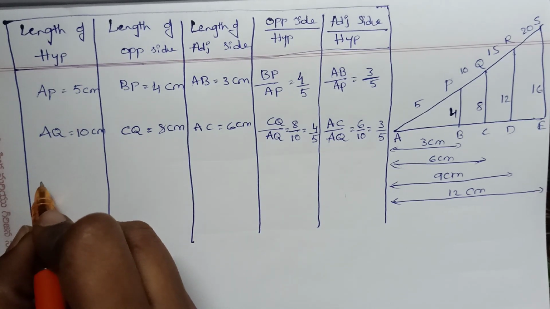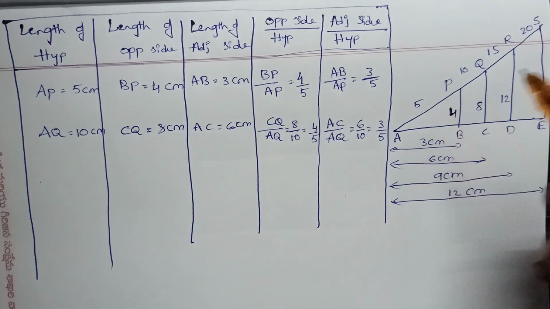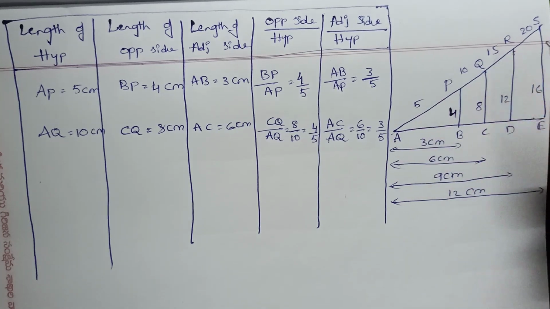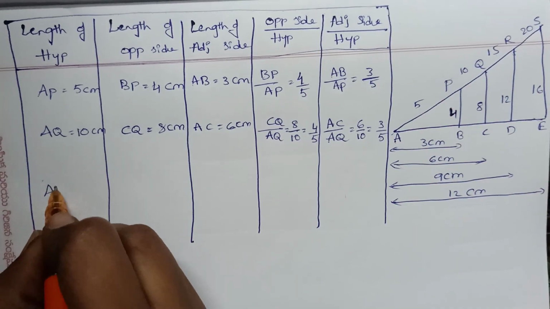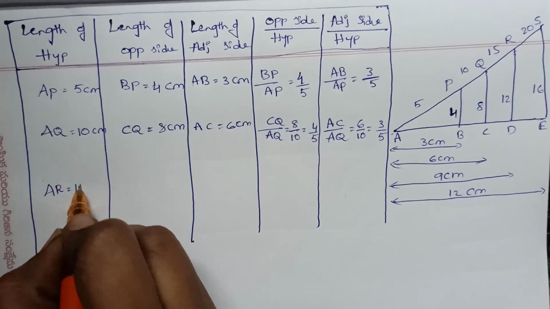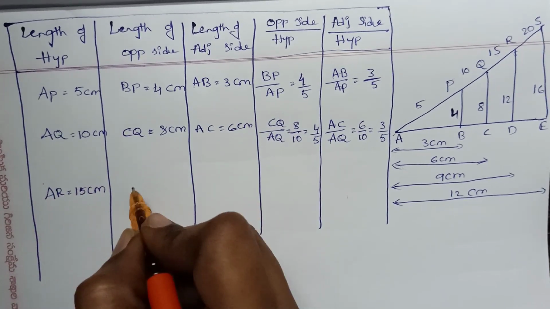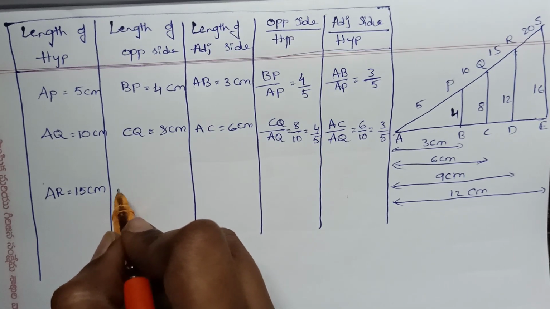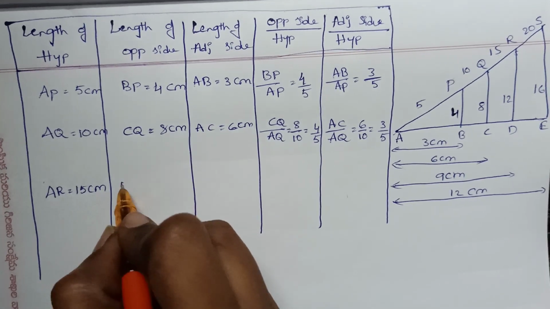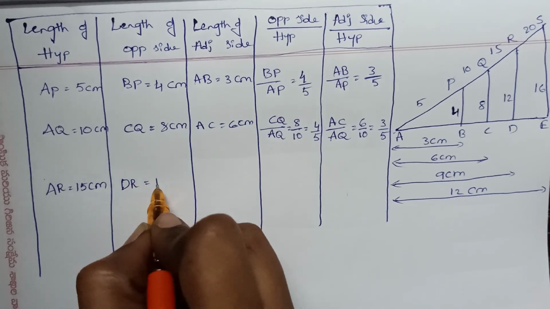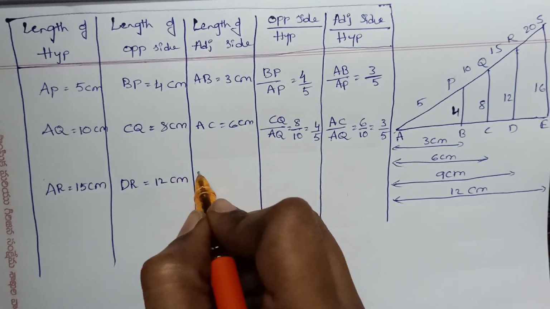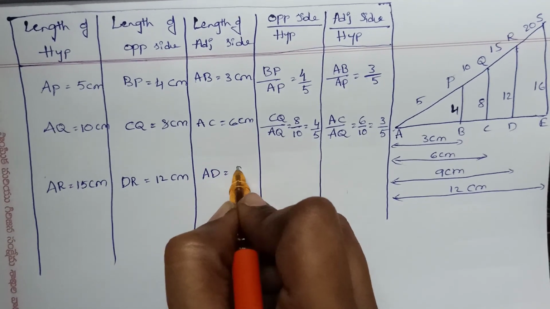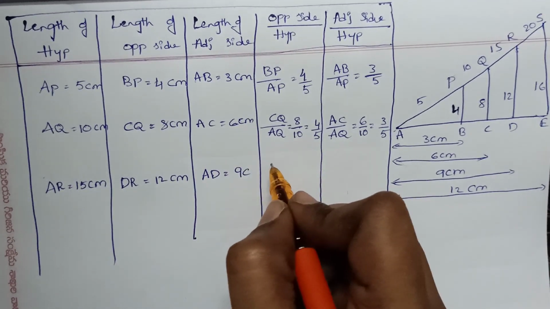And length of the hypotenuse AR equal to 15 centimeters. Length of the opposite side is DR, that is equal to 12 centimeters, and length of the adjacent side AD equal to 9 centimeters.